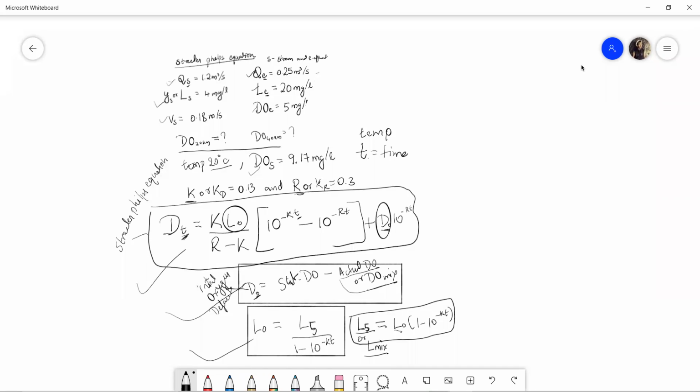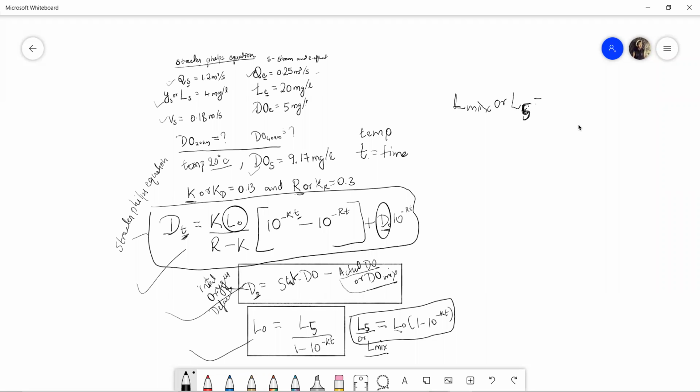First we'll find out the mixed concentration for the BOD, that is L. L is termed as BOD mix, or we can take it as actual BOD, or L5 or LT, for the fifth day BOD.